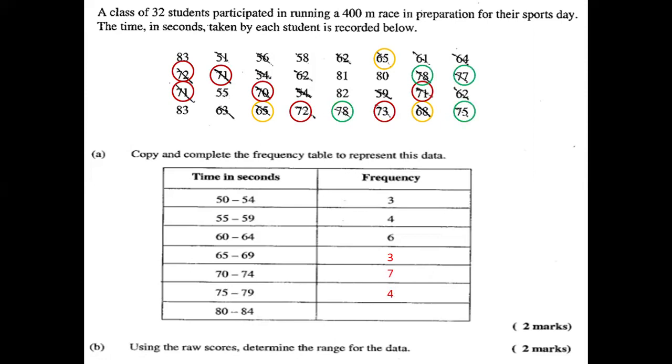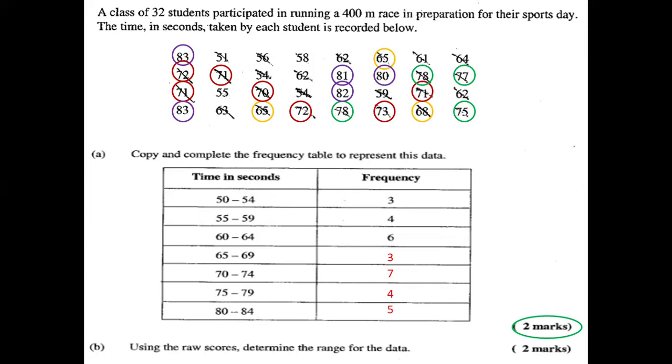We have another 4 between 75 to 79 seconds for the 400-meter race. And for 80 to 84, we have 5. Now, if you complete this table, you would gain another 2 marks here just by looking at the information and extracting the things that we need.